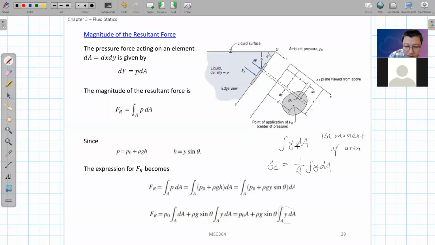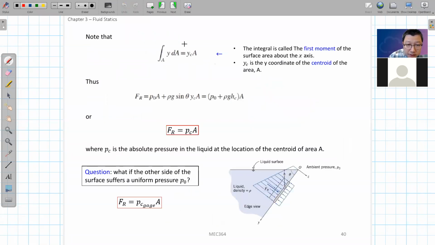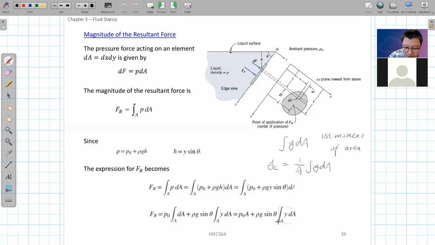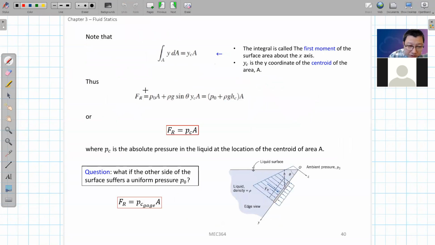So we can make that replacement here and substitute it into this equation, and the magnitude of the resultant pressure force becomes a simpler form, which can be written like this. And this h_c is basically y_c times sin theta.